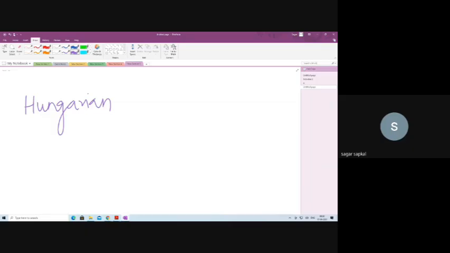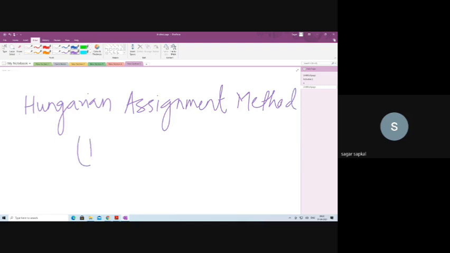It is also abbreviated as HAM. Previously it was VAM in the case of transportation. Here it is HAM. So that method we are going to use.